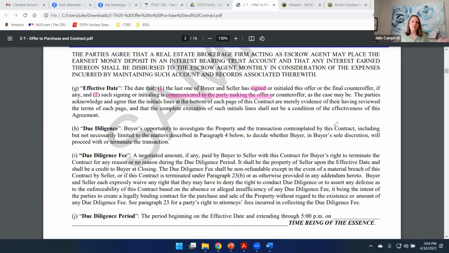But if you're in the throes of negotiations, you get this thing signed at 11:55 p.m., but you don't communicate that signature until 12:01 a.m., your effective date is going to be that 12:01 date, that next day. So communicating that acceptance as soon as you know it's signed helps everything to happen on the same day. You know what that effective date is.